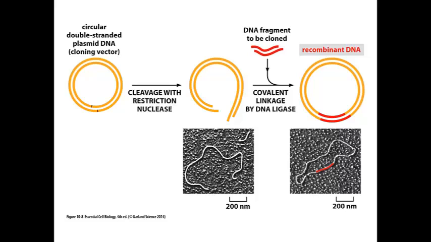It's called recombinant because it's combining DNA from two different sources, from two places that they didn't ever exist together before, and now they do because they've been brought together in the lab using these techniques.